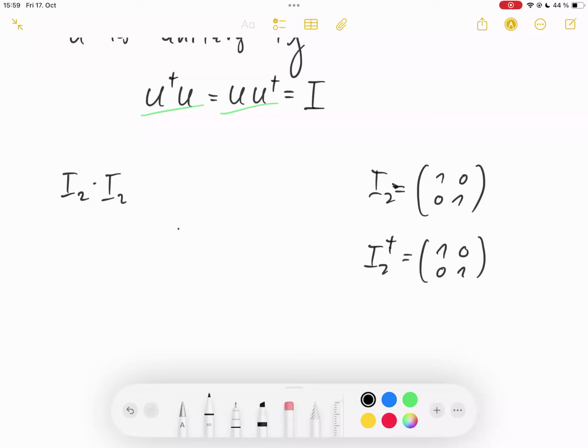So these entries don't change, and through the transpose, they don't change either. So here we can see very simply, if I multiply the identity matrix with itself, I get an identity matrix. And if I take the adjoint of the identity, it just stays the same.